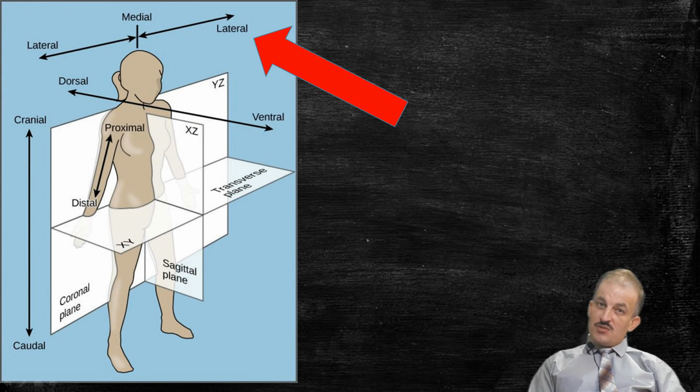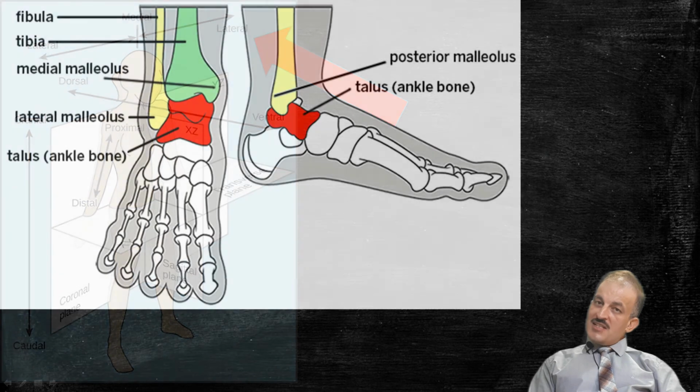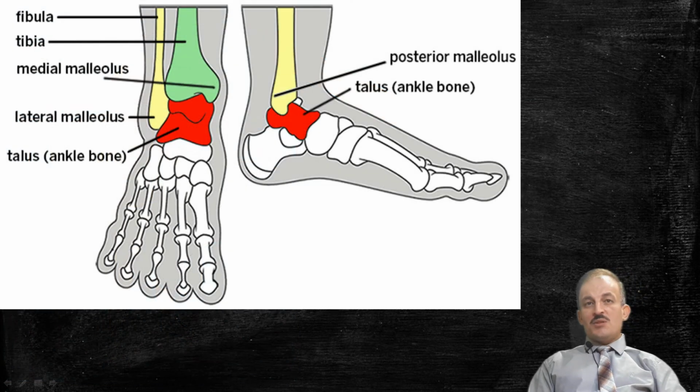The radius is situated lateral to the ulna, and the ulna is situated medial to the radius. The same applies to the leg, which has two bones, tibia and fibula. Fibula is situated lateral to the tibia, and tibia is situated medial.